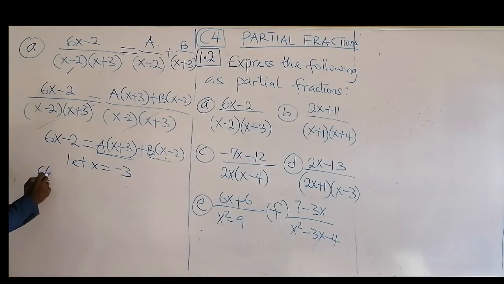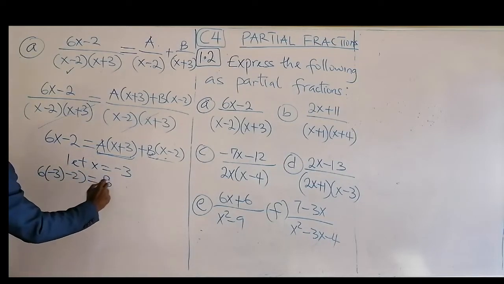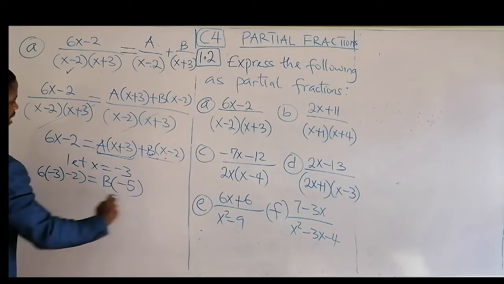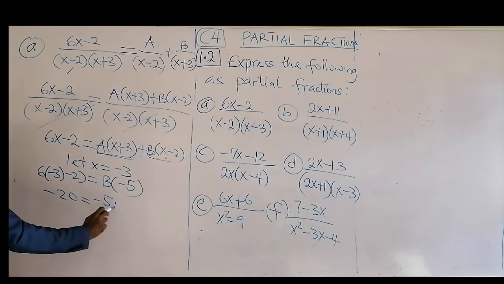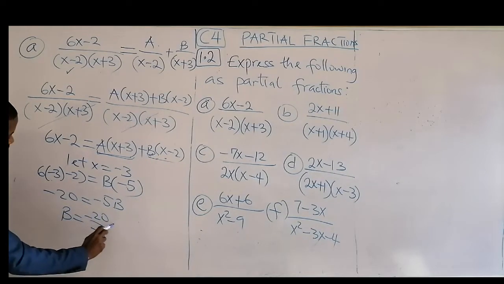That will be this times this minus 2 equal to B times minus 3 minus 2, that's minus 5. And here I'm going to have minus 20 equal to minus 5B. So B is minus 20 over minus 5, and that's 4.